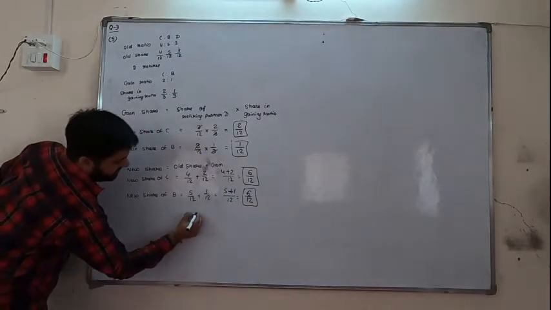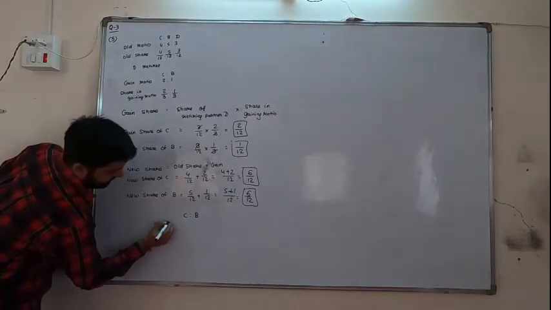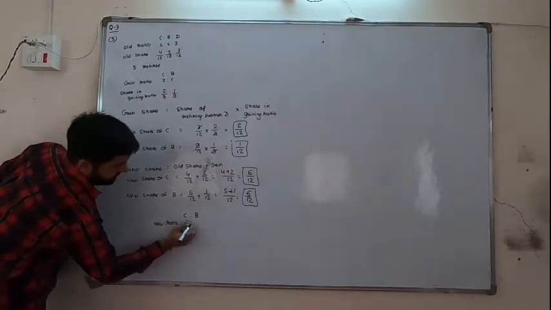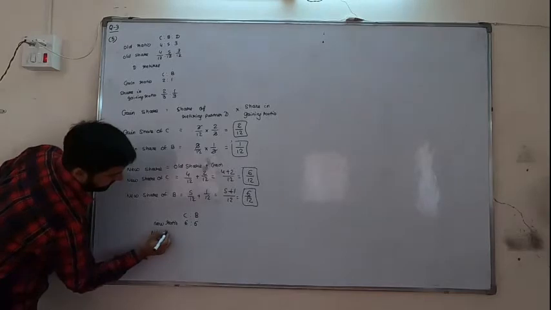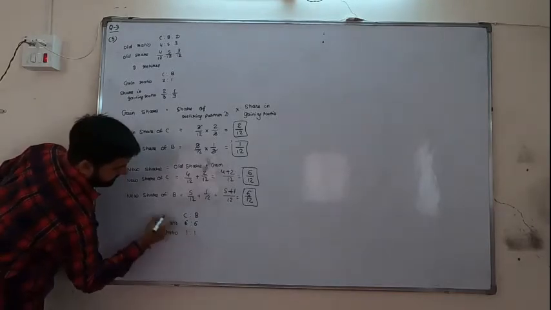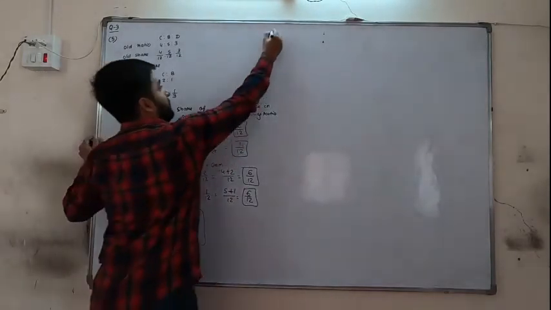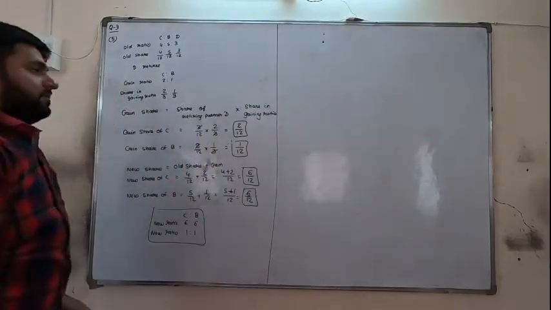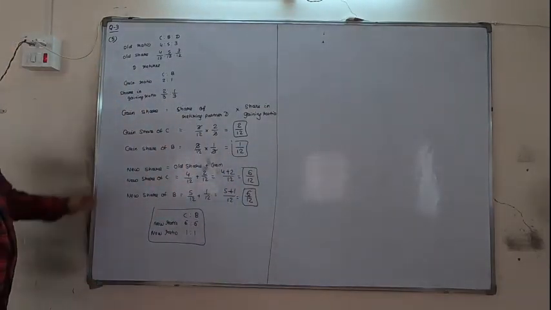So between C and B, new ratio is 6:6. New ratio is 1:1.